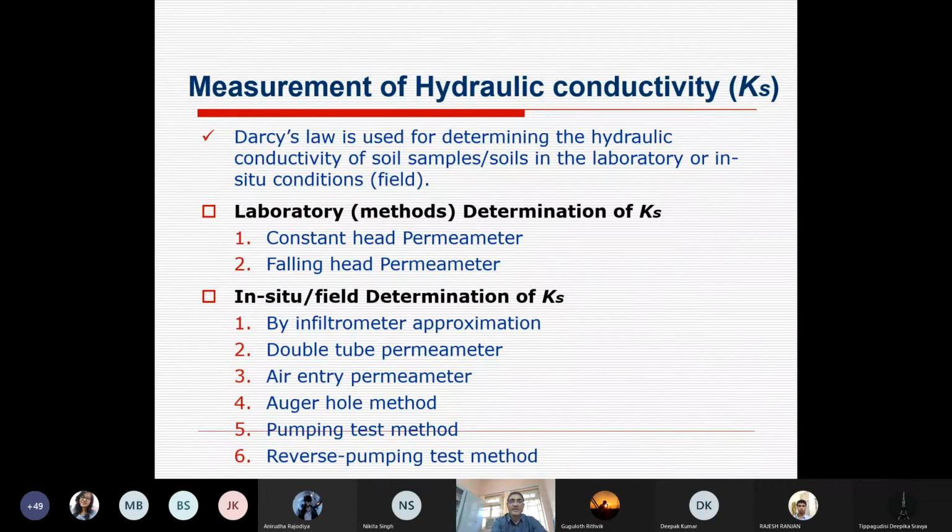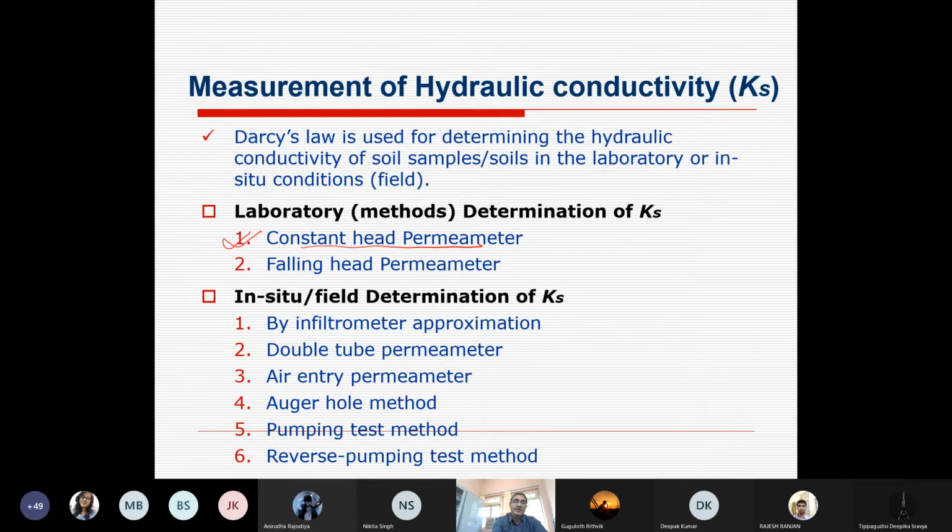Here we have the laboratory method. First, we have taken into account for our experiment the constant head permeameter. And second, because collecting soil samples is a bit difficult, no matter how much care you take, there are possibilities of the soil getting disturbed during sampling.